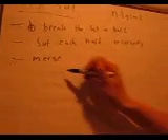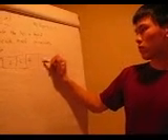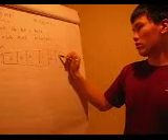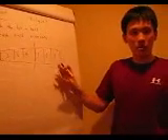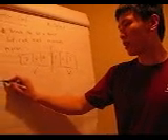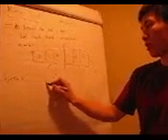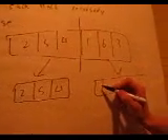So let's take our example: 2, 5, 4, 1, 6, 3, something like that. What happens is you break the list in half. You break it at its midpoint. So this is the break, and you get 2, 5, 4 and 1, 6, 3.